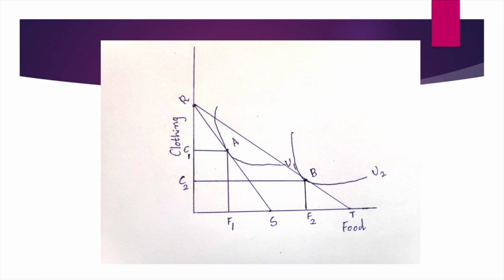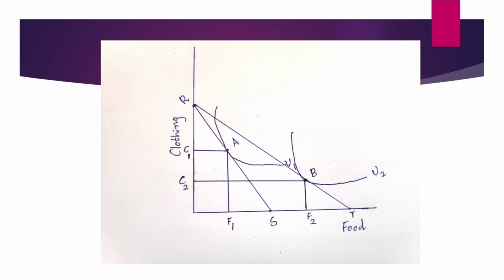At point A, the consumer purchased C1 amount of clothing and at point B, he reduced it to C2 amounts of clothing. At the same time, he purchased F1 amount of food at point A and the consumer increases his food consumption to F2.